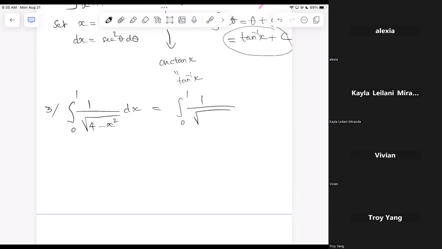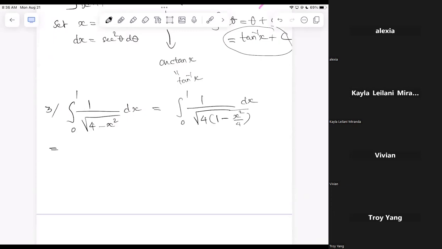If I factor out 4 inside the square root, I will get 1 minus x squared over 4.